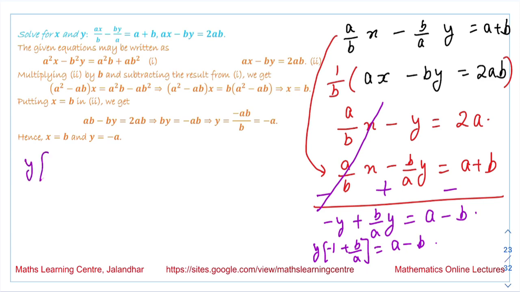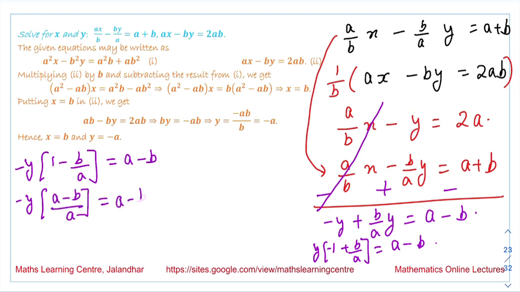So it is y into, we take minus sign common from this, and we are left with 1 minus b by a, is equal to a minus b. So it is minus y into a minus b over a, that is equal to a minus b.